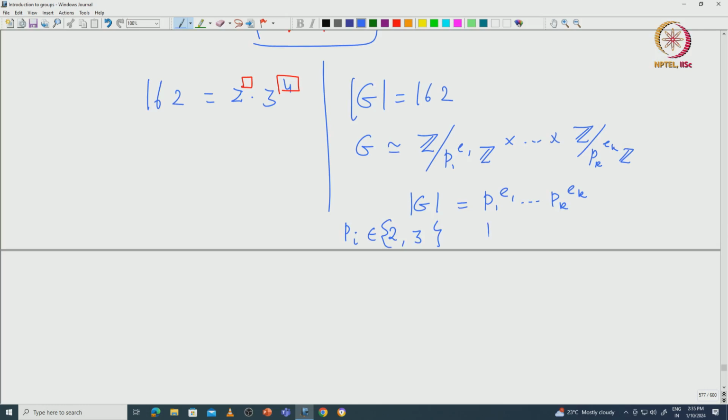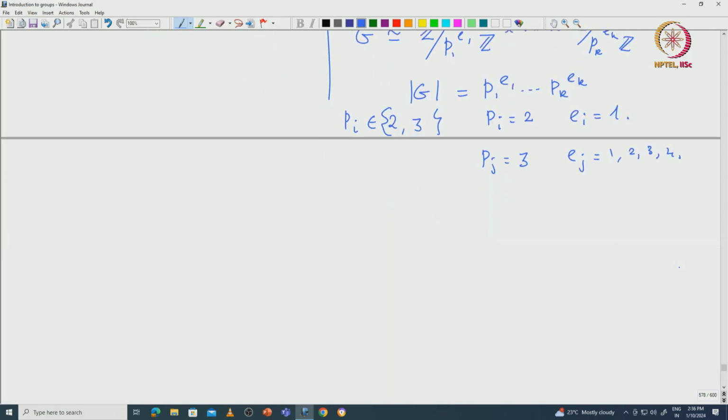And if Pi equals 2, then it forces Ei to be 1. Similarly, if Pj is 3, then Ej has to be either 1, 2, 3 or 4. But whatever it is, for some indices this Pj can be 3 because repetition is allowed.